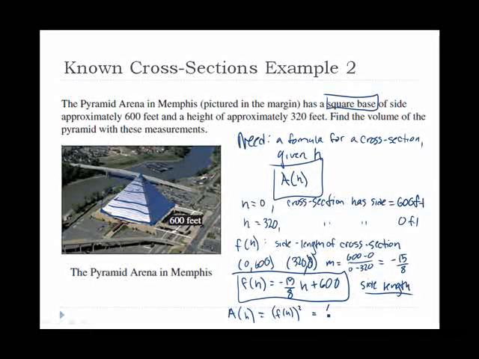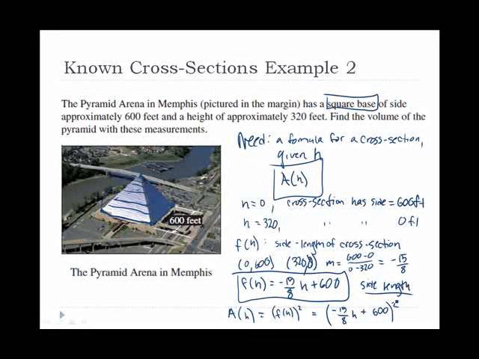That ends up being negative 15 over 8 h plus 600, quantity squared. So the area in terms of height of a cross section of this pyramid is negative 15 over 8 h plus 600, quantity squared.